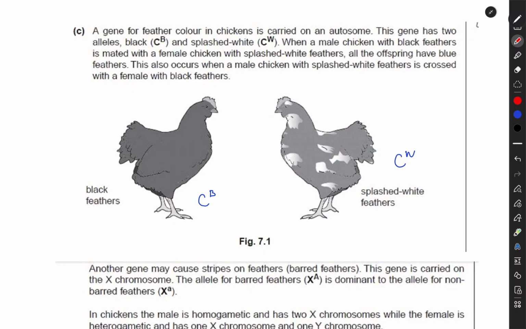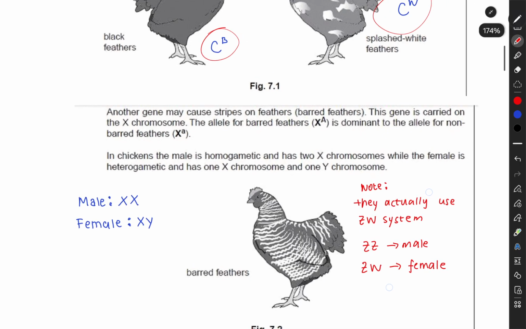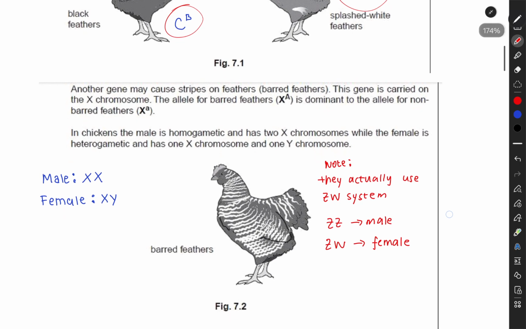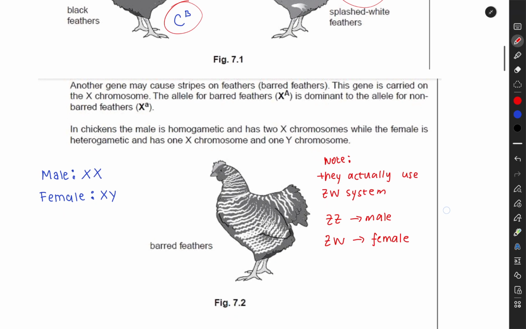Next, a gene for feather color. Black is CB and white is CW. And there's another gene that makes the barred feather phenotype.